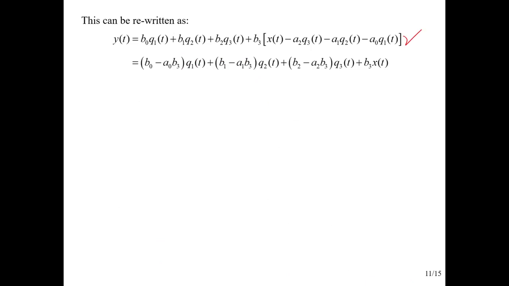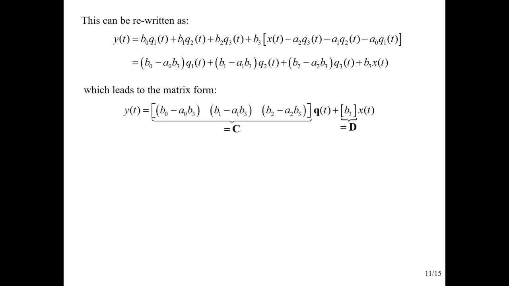So there's what we just had on the previous slide. And now I've just grouped all the Q1 terms, all the Q2 terms, all the Q3 terms, and the X term. And we see a nice little structure here. So once you have the block diagram, you can almost by inspection write down what we have for that. So there's our output equation.